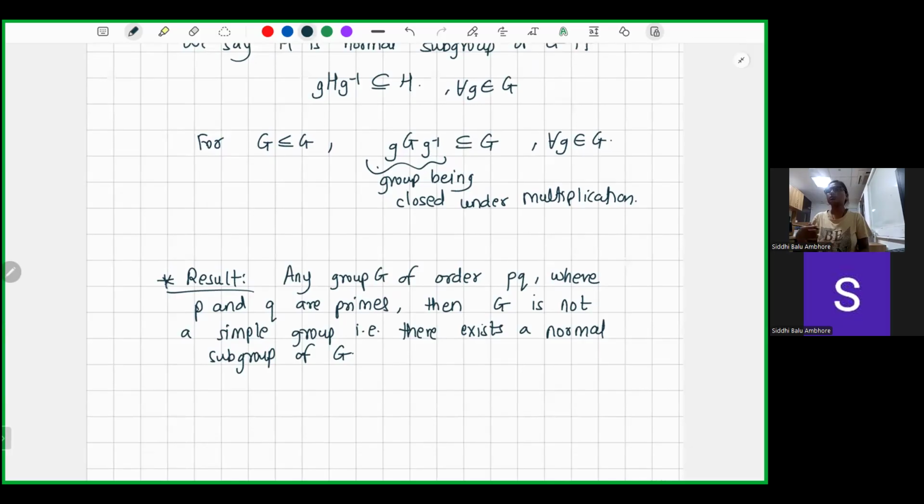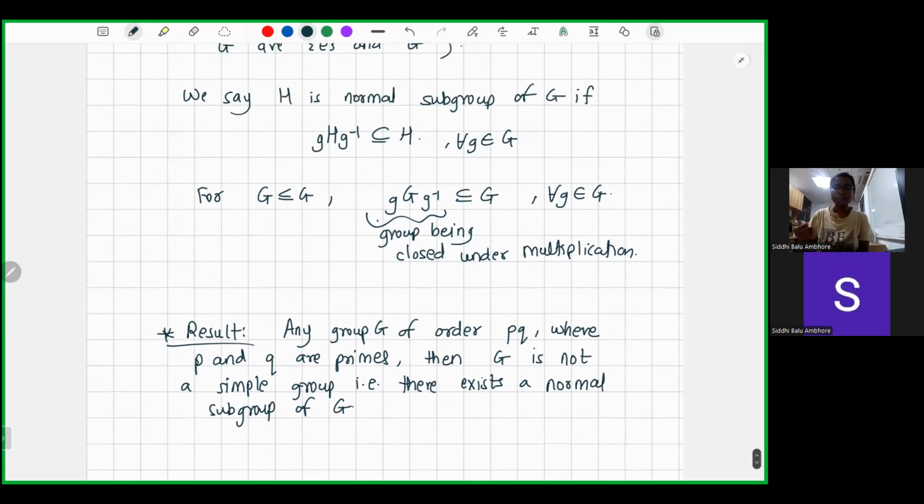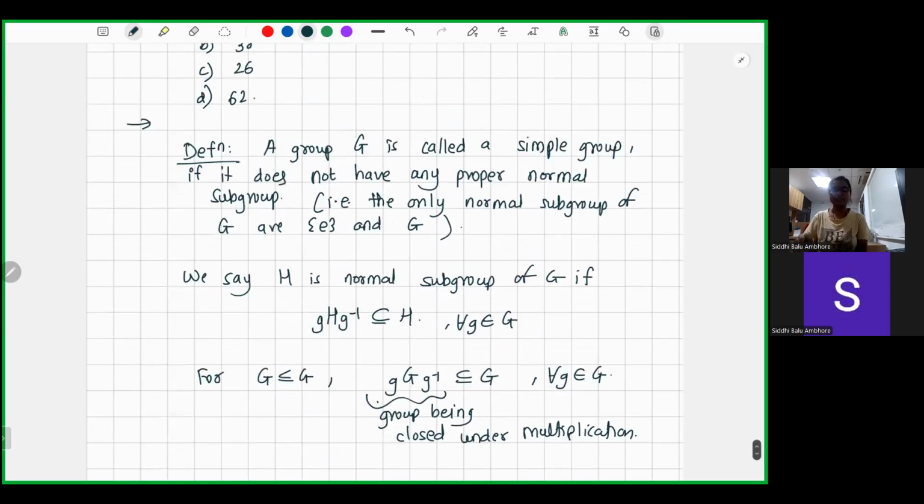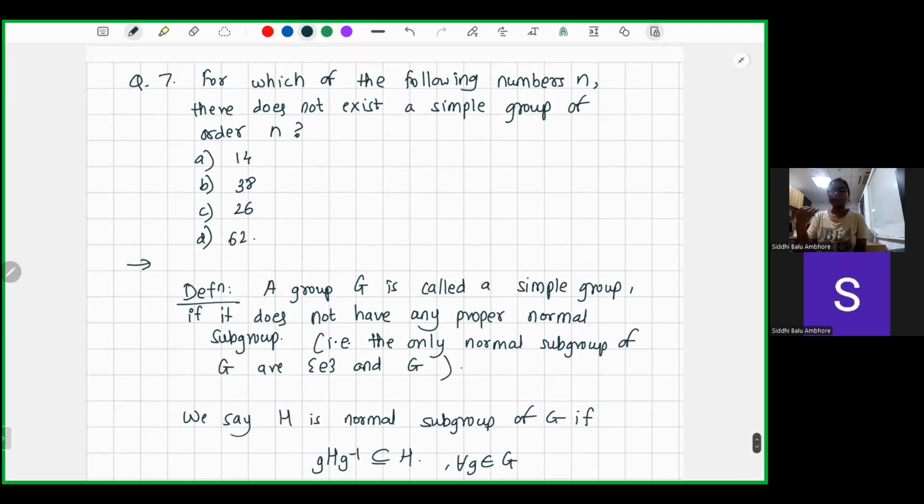But you can assume for now that if G is any group and the order of G is a product of two distinct primes, then it can never be simple.